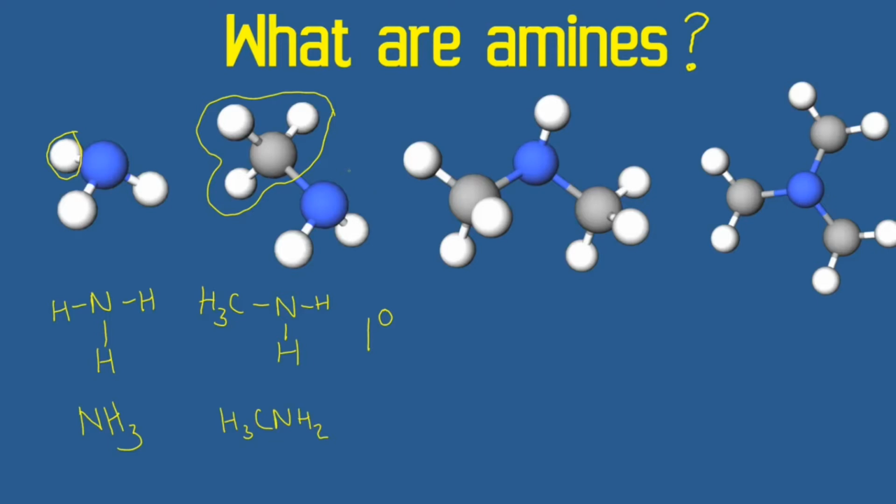So if we then substitute a second hydrogen, so let's substitute this one off here, and we're going to replace it with another methyl group. This time, because we've substituted two hydrogens, this is a secondary amine. And I would write a formula, which I've done there.